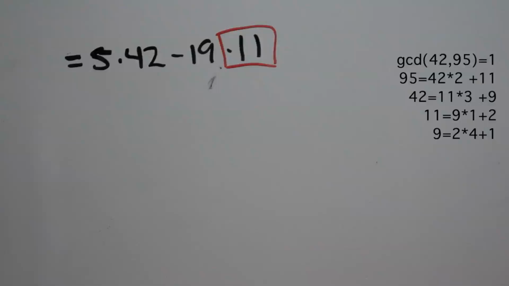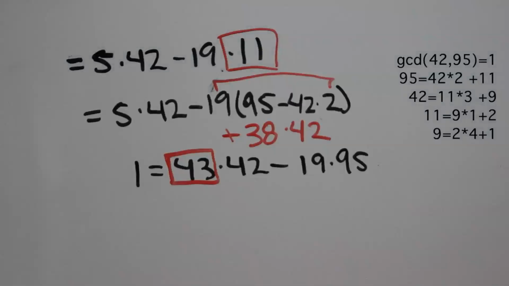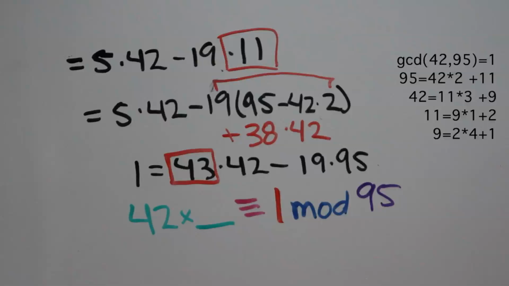And then we replace 11, which is our next remainder on our list. We have 5 times 42 minus 19 times 95 minus 42 times 2. Combining like terms again, we get down to 1 equals 43 times 42 minus 19 times 95.